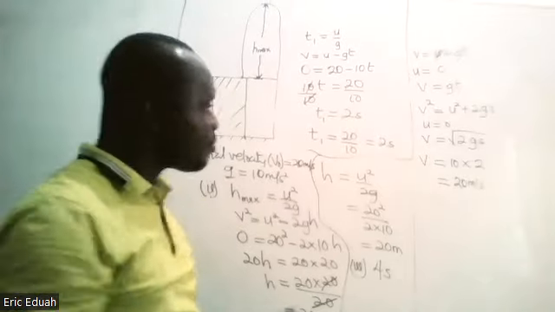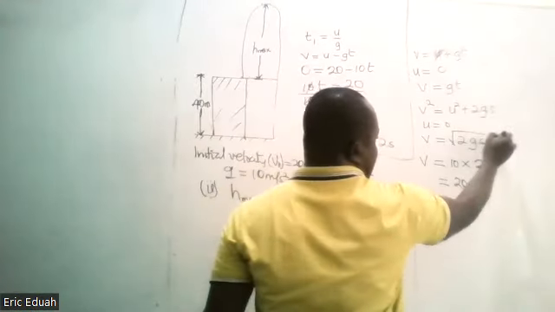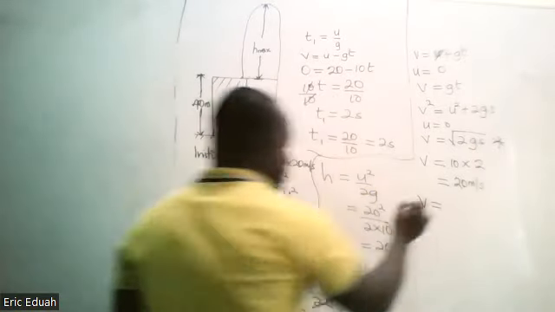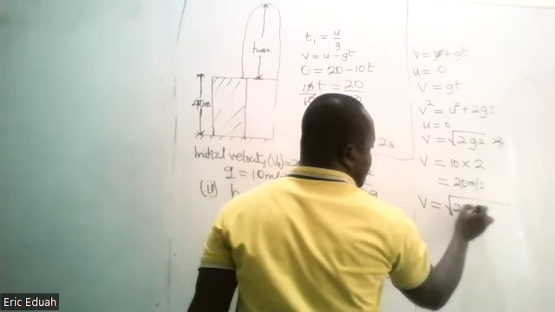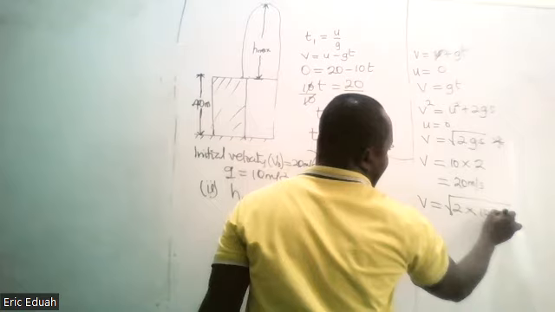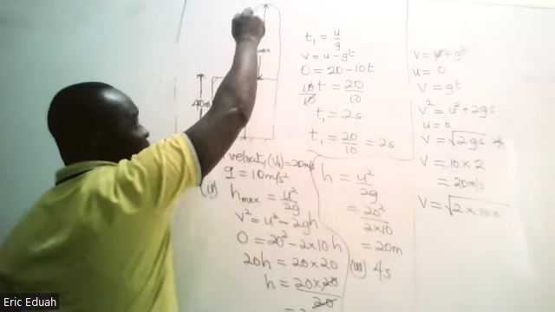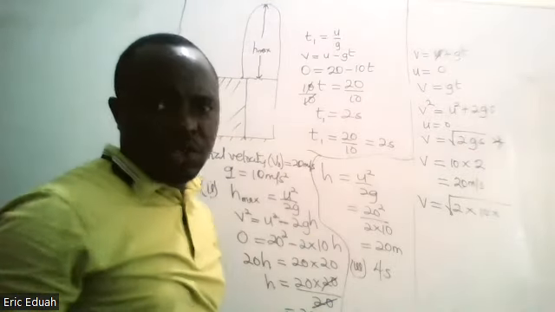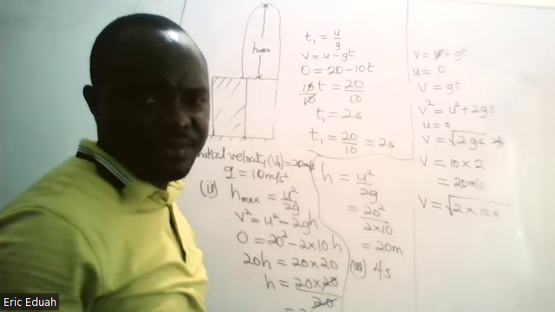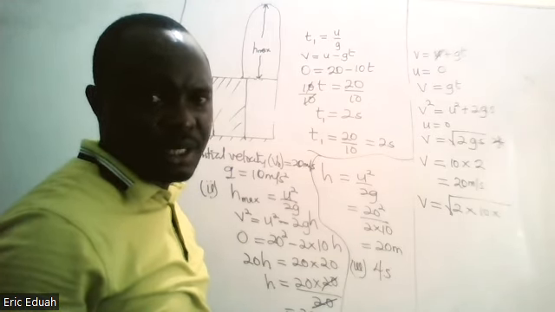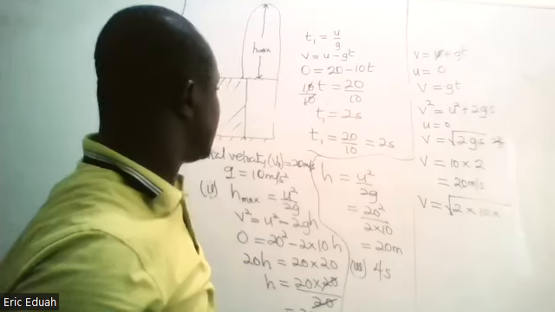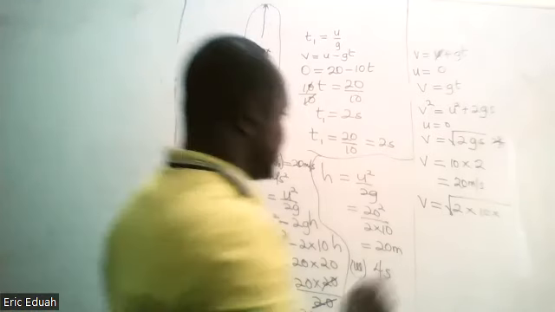Please, are we okay? We can also use this equation V squared to calculate the same value of V. That is 2 times gravity 10 by the height. What is the height or the distance from the maximum point to the point of its projection? 20 meters.